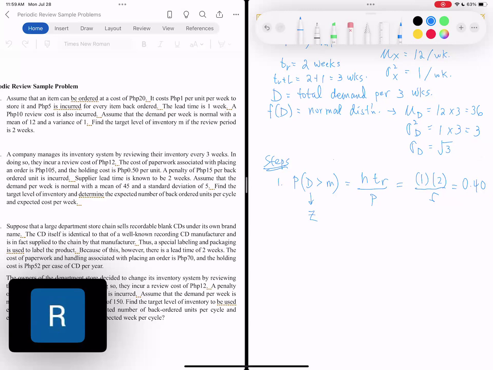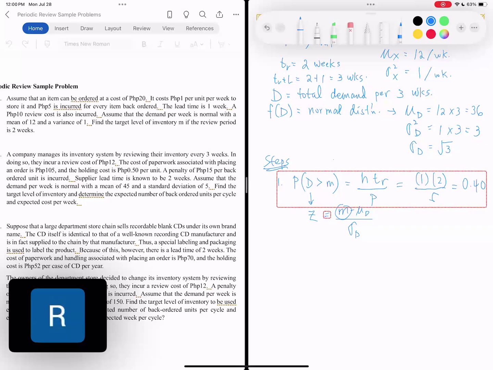The transformation formula is Z equals M minus mu, this is capital D. Your random variable is D, therefore you divide by sigma of D. So this is your random variable, capital D. This is what you're computing, M.